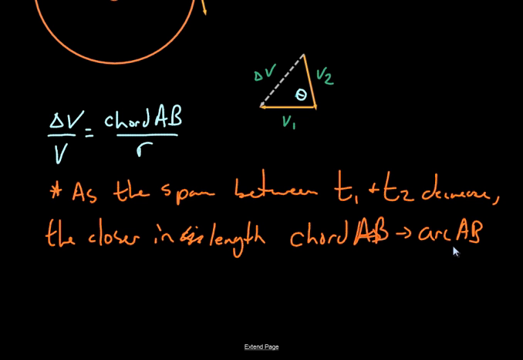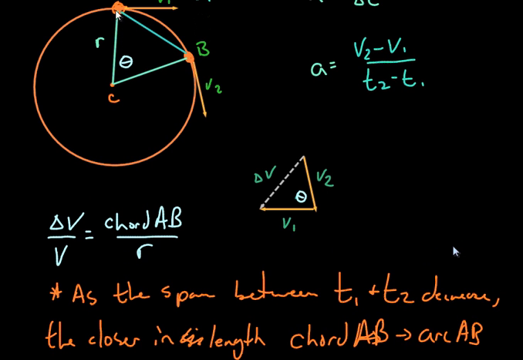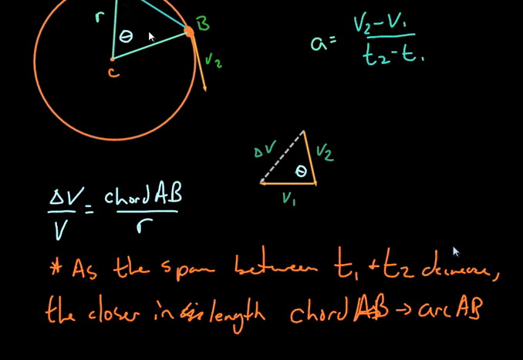That's kind of like a brushing up on calculus idea, but the length of chord AB and the length of arc AB essentially become the same if the period of time between these two things decreases enough. Are you with me?